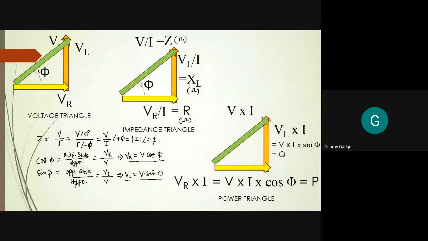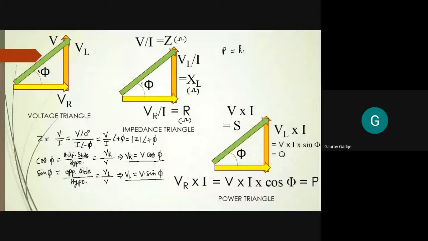And on the resultant, you have V into I as S. So we are getting three powers. One power is on the real axis, therefore this is called real power. This is also called true power.